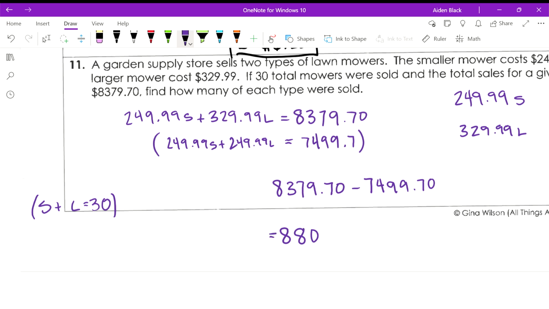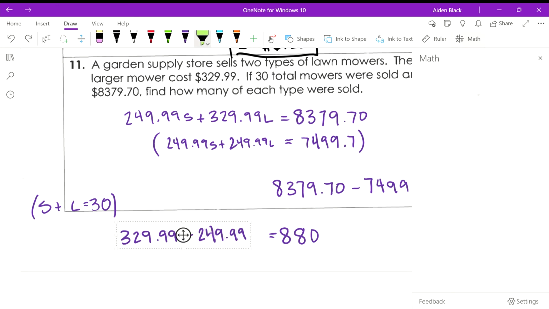is equal to, and then we have to do 329.99 minus the 249.99 shown right here. Subtracting one from the other. What do we get?